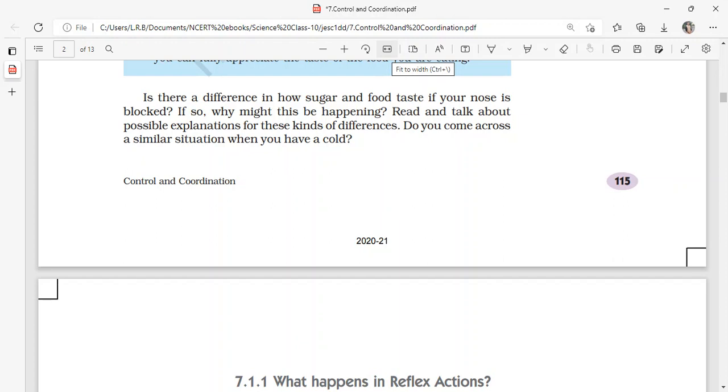When our olfactory receptors are not working, our gustatory receptors also do not work. This means that they are associated with each other. Read and talk about possible explanations of these kinds of differences. Do you come across a similar situation when you have a cold? Exactly, we face the same thing when we are suffering from a cold.